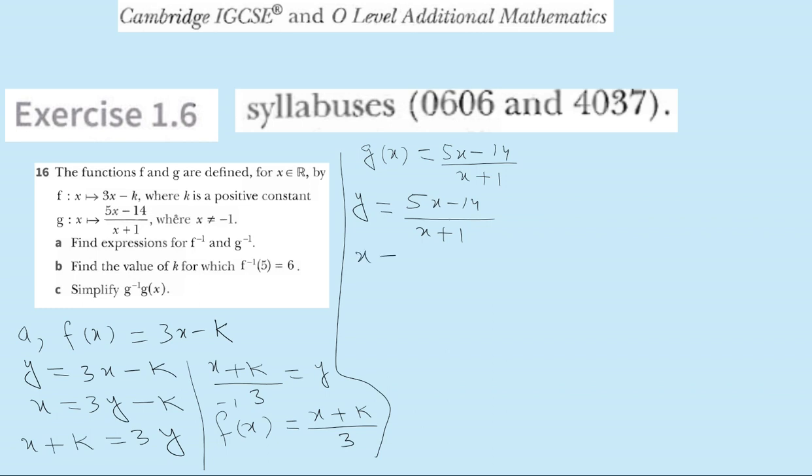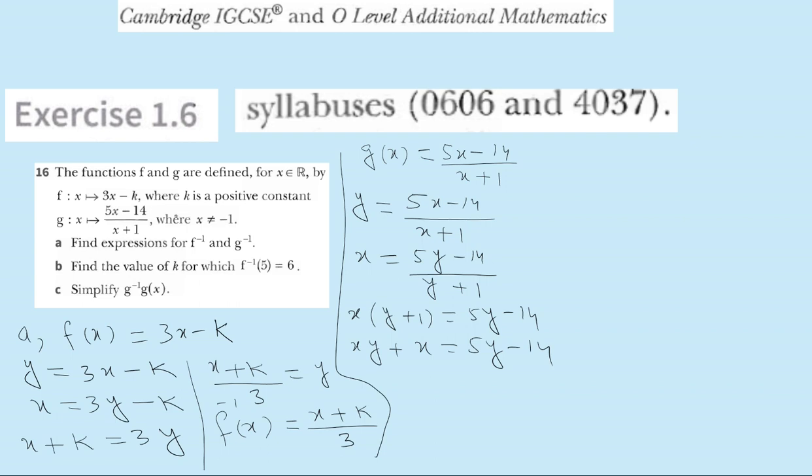So this becomes x, this becomes y, this also becomes y. Now the third step is to make y the subject of the given formula. Multiply x by y: xy plus x into 1, x, is equal to 5y minus 14.